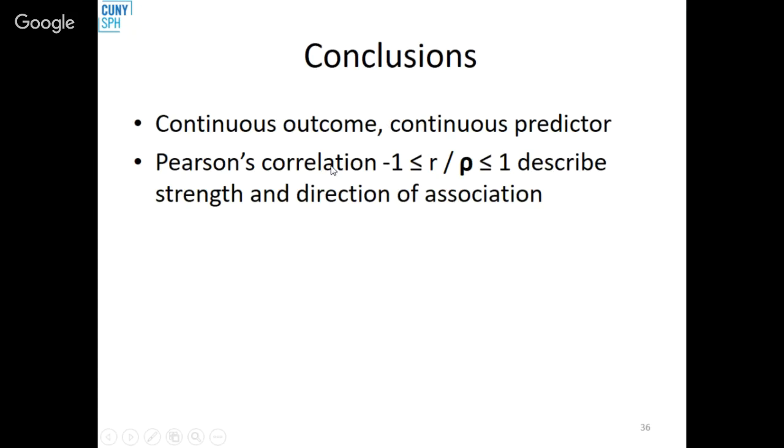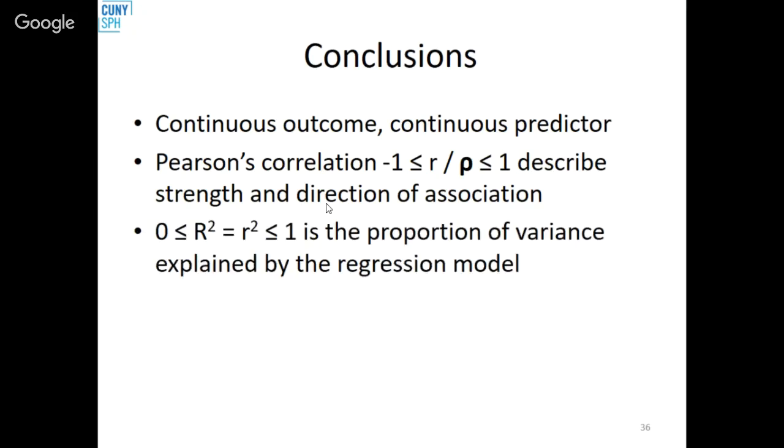And values of Pearson's correlation coefficient are between -1 and 1, and they describe both the strength and the direction of an association between continuous variables. Whereas coefficient of determination, R squared, varies between 0 and 1, interpreted as the proportion of total variance explained by the regression.